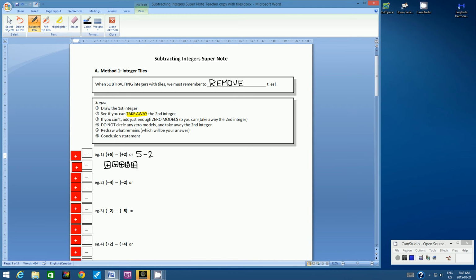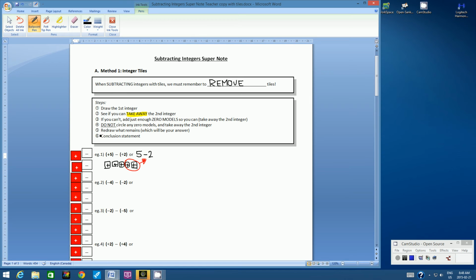We did that, so we have to show it being taken away. So we jump down to number 4. Do not circle any zero models. Well, we don't have any zero models. And take away the second integer. So I'm going to change colors here, and show that I'm taking away the second integer. It's very important that you circle the second integer, positive 2, and show that it's being taken away with an arrow.